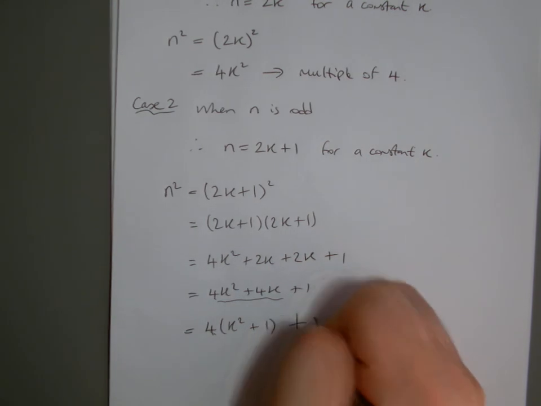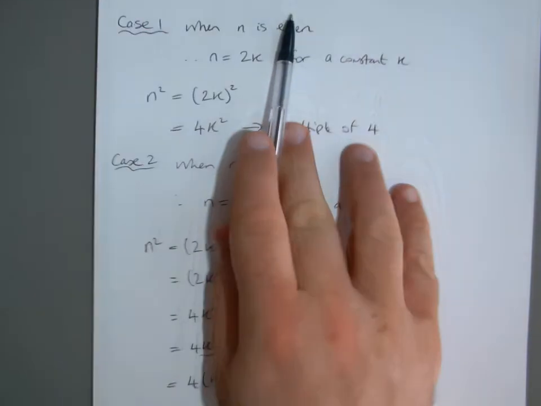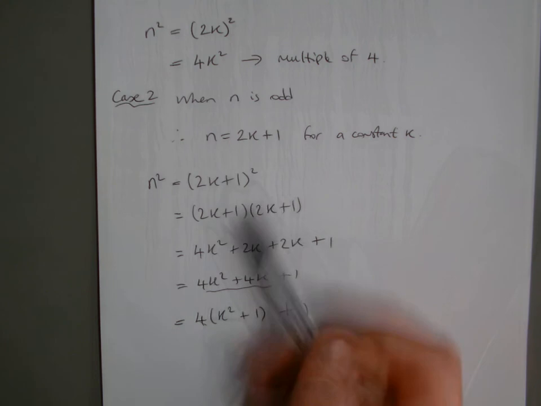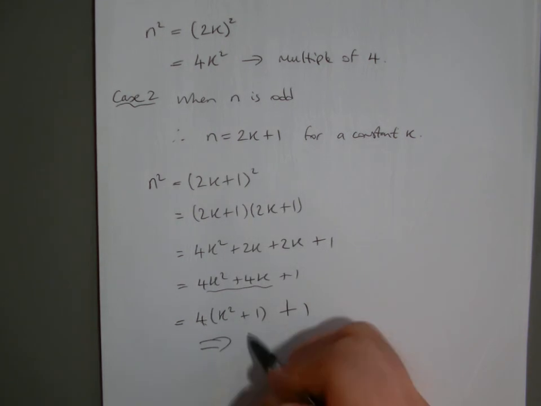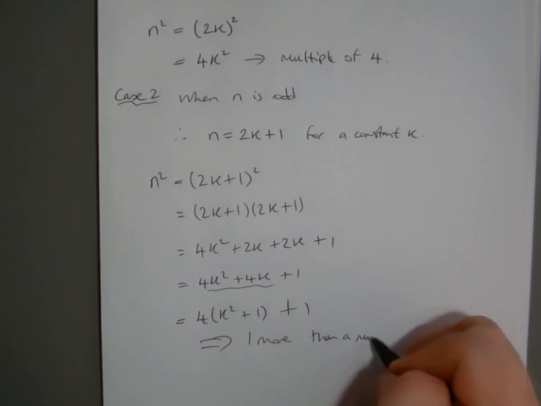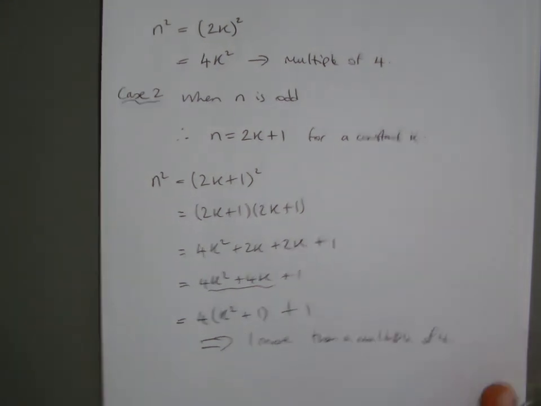What I want you to see here now is that actually the square number is a multiple of 4 plus 1, which is basically the situation it says at the top, isn't it? One more than a multiple of 4. So we can say that that means it's one more than a multiple of 4. So in conclusion, we can consider both cases.